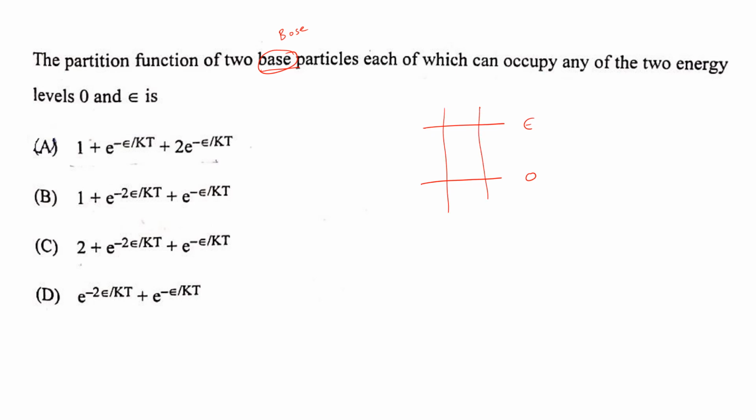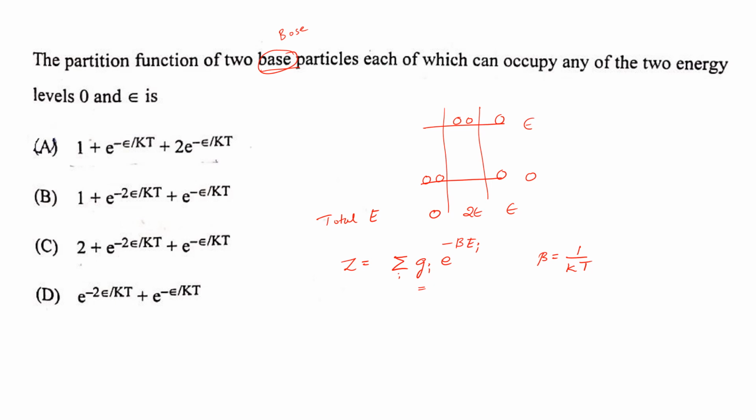From Bose-Einstein statistics, if it is Bose particles, they can occupy the same energy level or different levels. So here the total energy will be 0 for one case, 2 epsilon for another, and for this one the total energy is epsilon. Then the partition function Z is given by the summation of gi e raised to minus beta Ei, where beta is 1 upon kT and gi is the degeneracy.